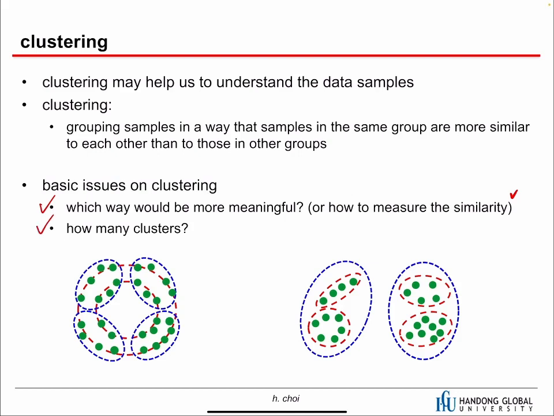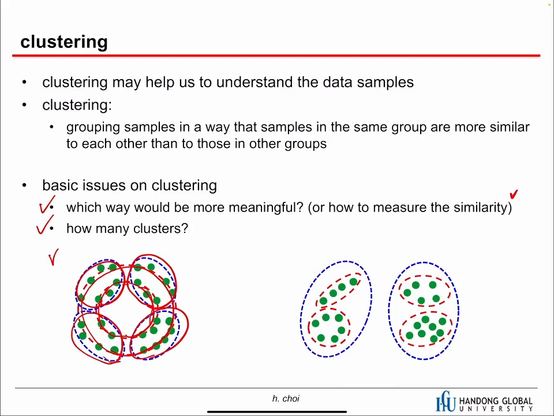And there is another issue: how many clusters do we need? Let's take an example. In this figure, we have these green dots. Some of you might prefer this clustering, so these ones and this one, and we have two clusters in this way. Or some of you might prefer this way, so we have four clusters. There are different ways to put some meaning or similarity here.